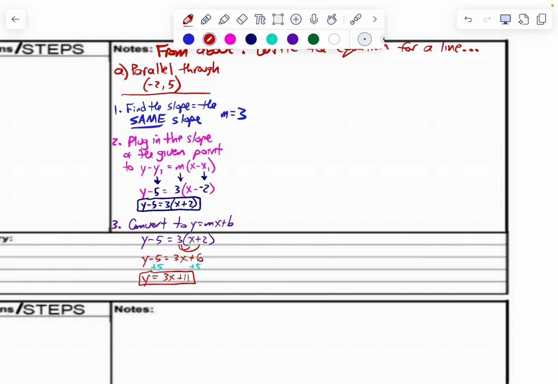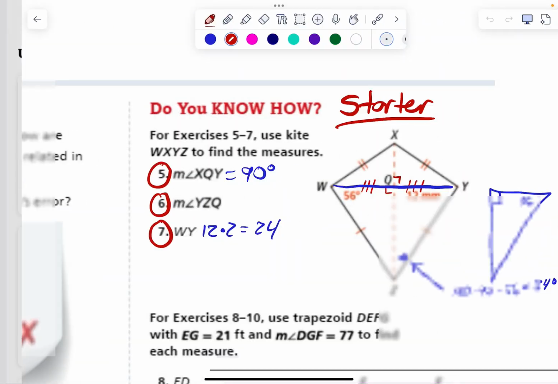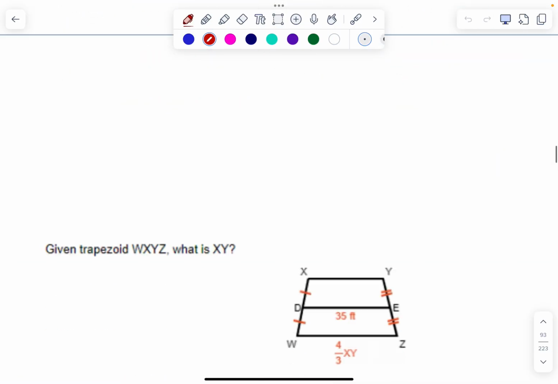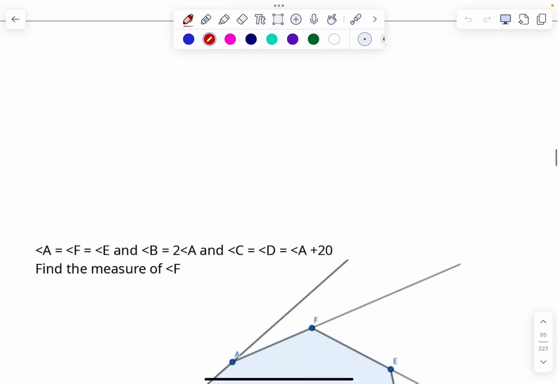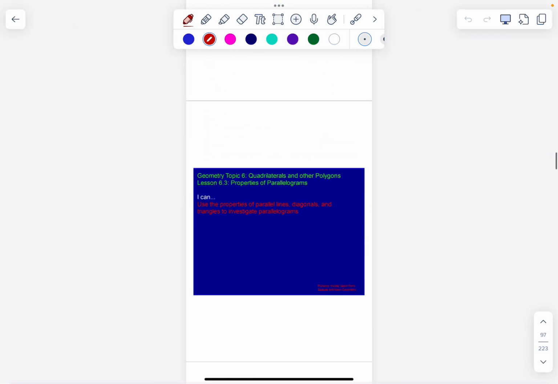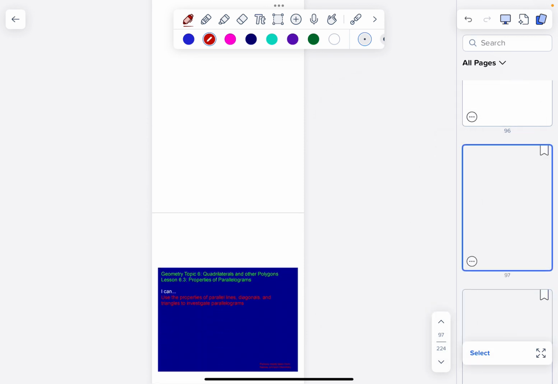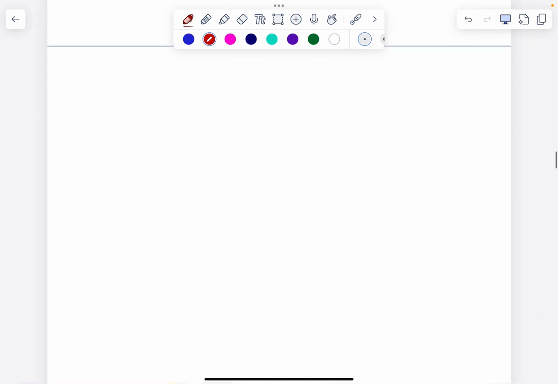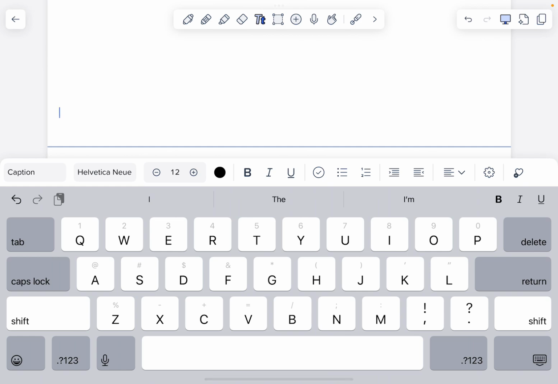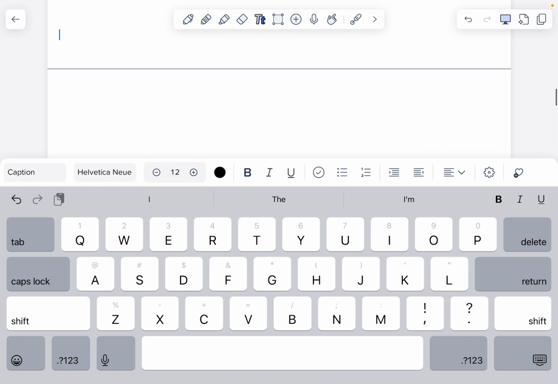Let me give you a chance to just try it on your own. So zoom out. I'm going to try this. Whoa, why am I clear up there?